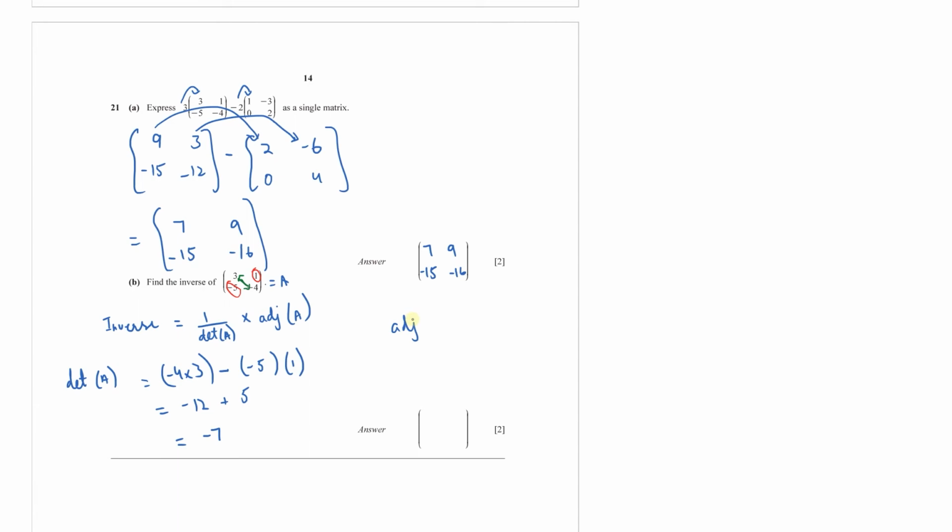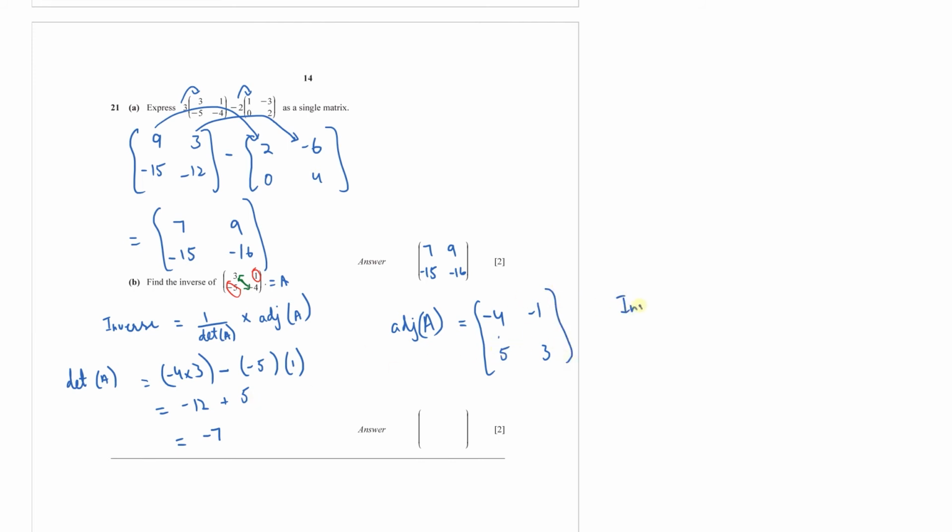So that's called the adjugate. So adjugate of this matrix A would be, so I swap these two. So this becomes minus 4 comes here and 3 comes down here. And then I change the sign. So this becomes minus 1 and this becomes positive 5.